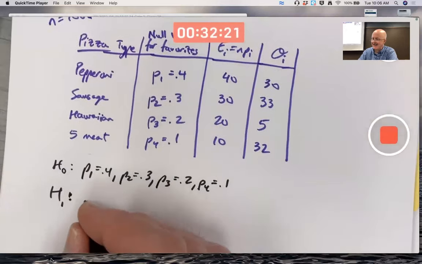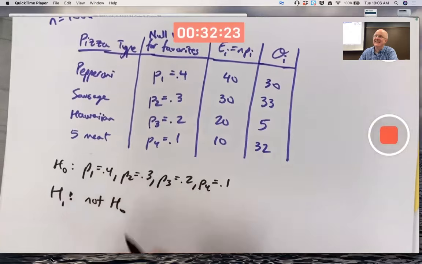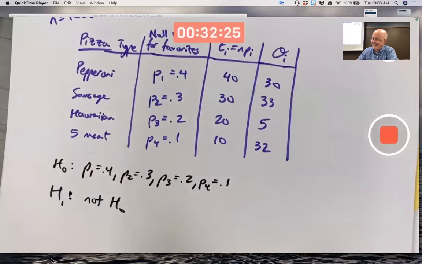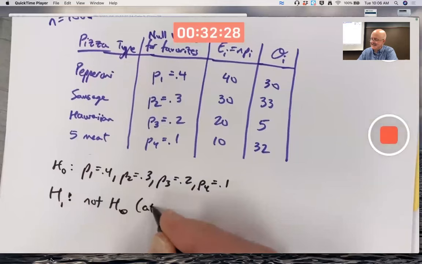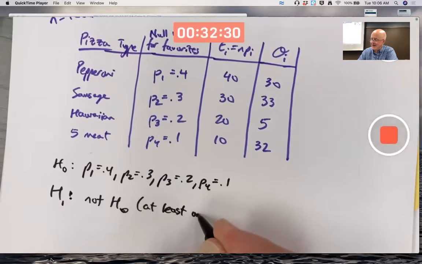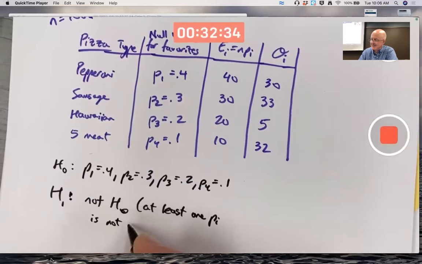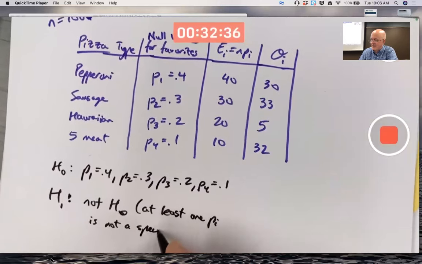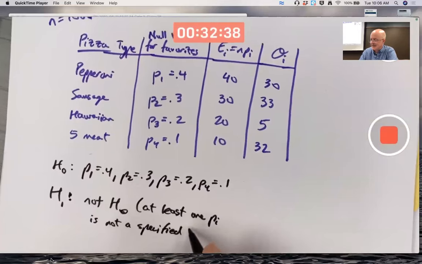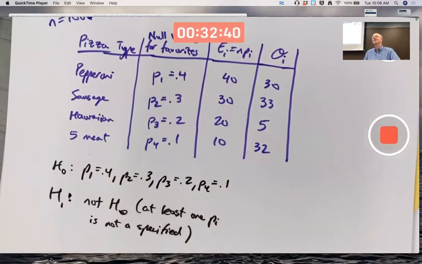You could just write not the null. At least one p_i is not as specified. Although if one of them is not as specified, then at least another one would also be not as specified, right? Because they have to add to 1.